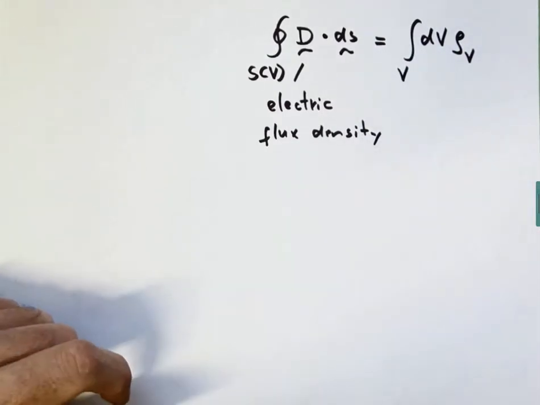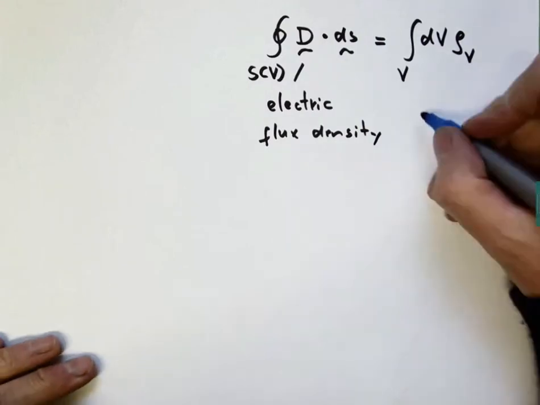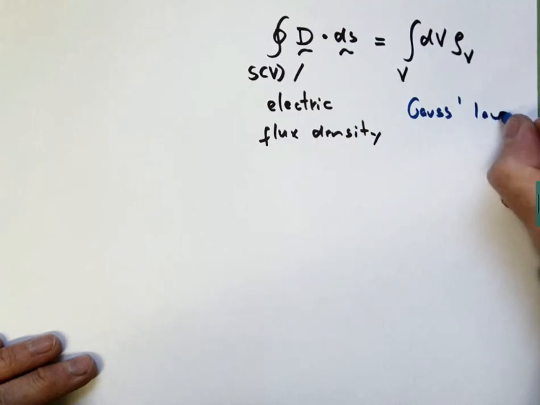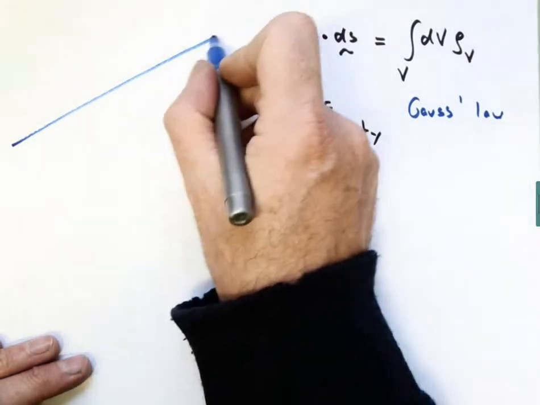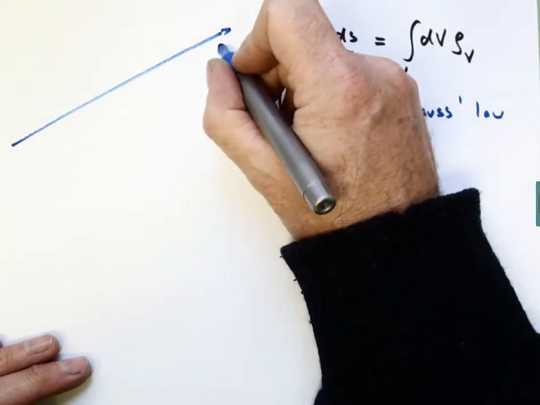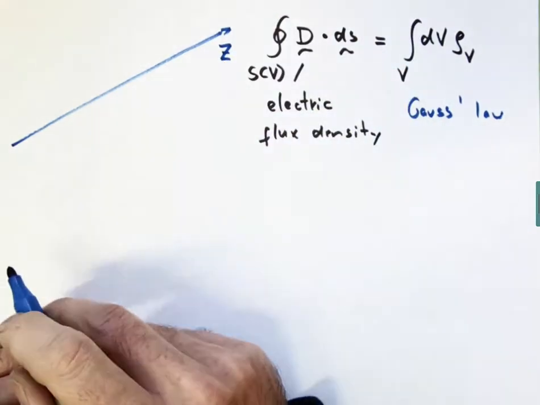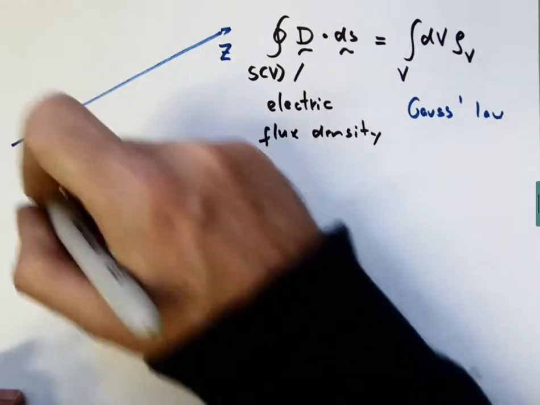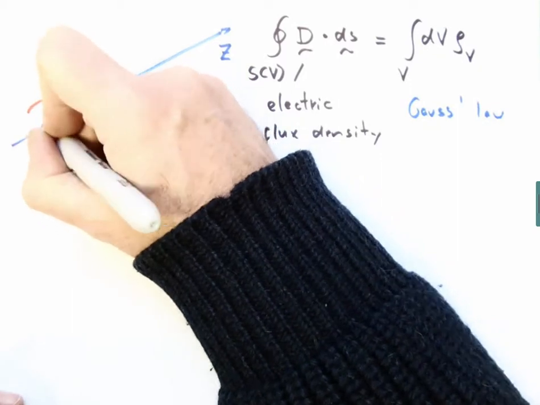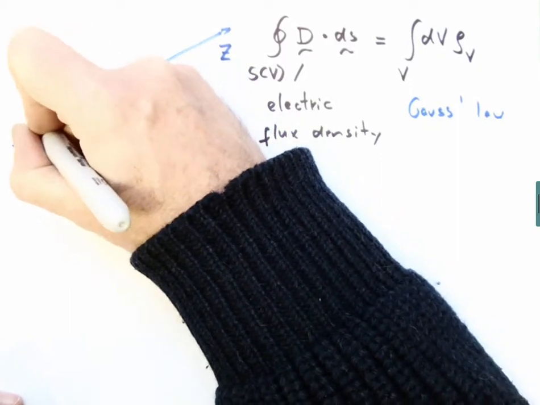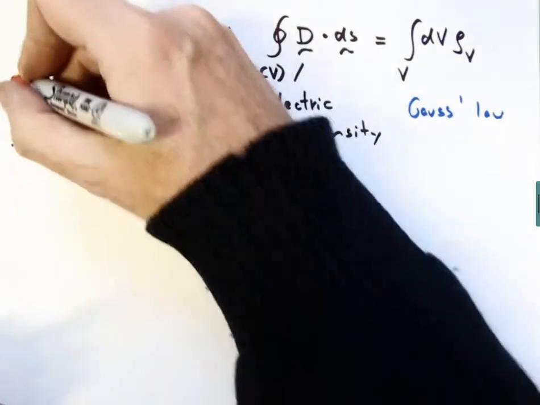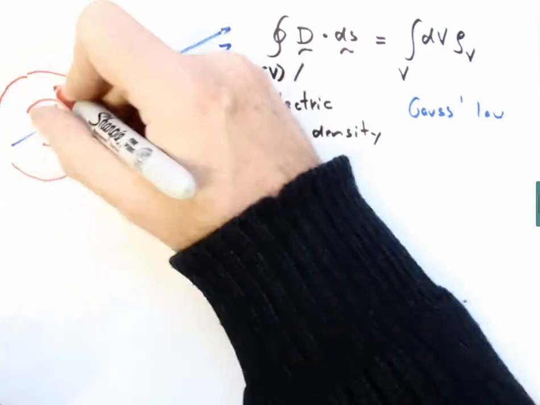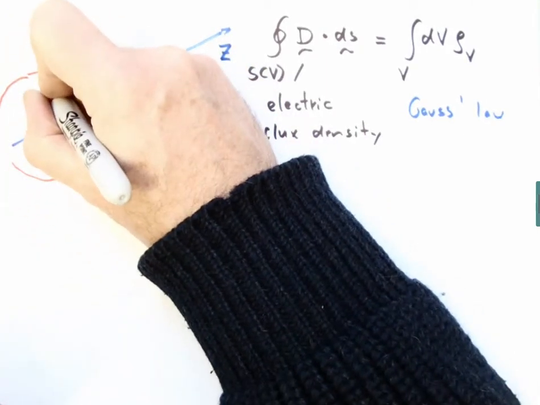Let's explore how we can apply Gauss's law in a typical case. It may involve a charge distribution that is cylindrical with respect to the z-axis and is uniformly distributed over a shell which has an inner diameter of 1 meter and an outer diameter of 2 meters.